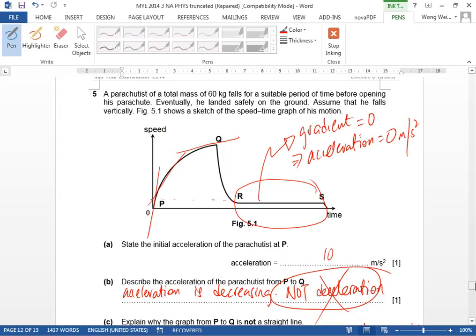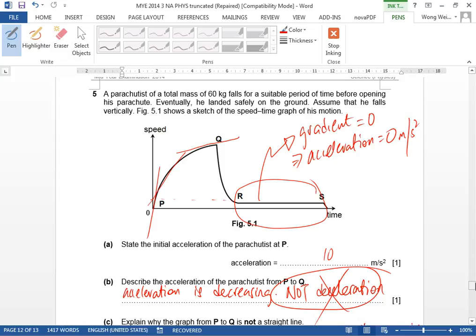So here, if the resultant acceleration is 0, we say that the resultant force is 0. What does that mean for the region from R to S if I say that the resultant force is 0? So earlier on, our air resistance was greater, right?